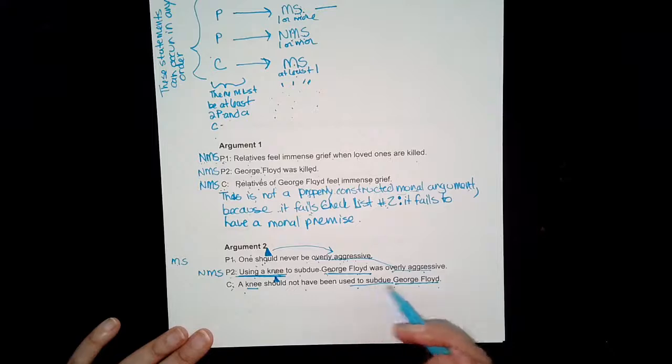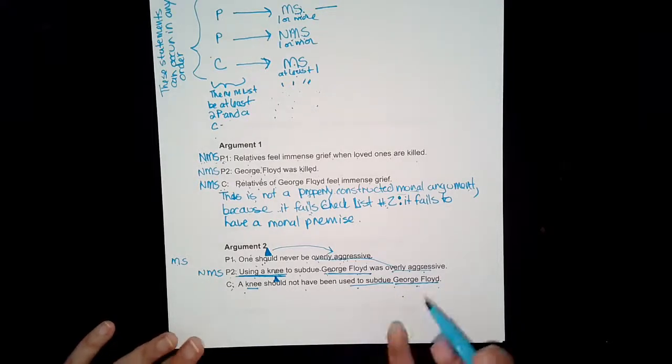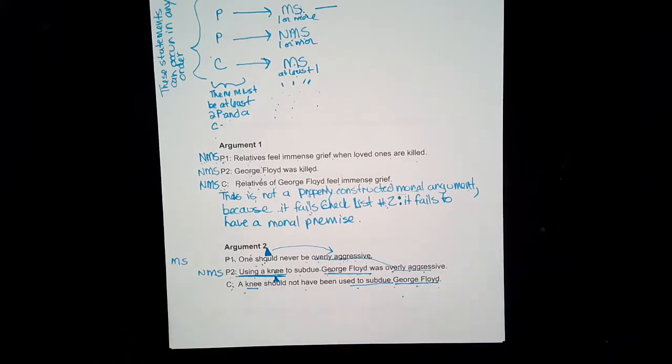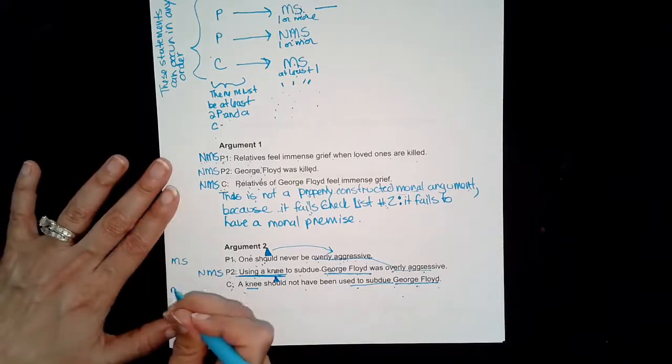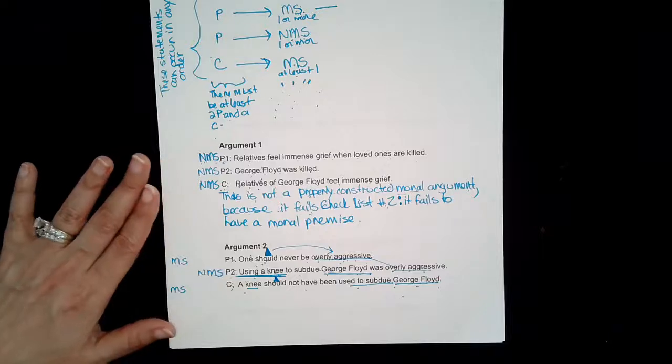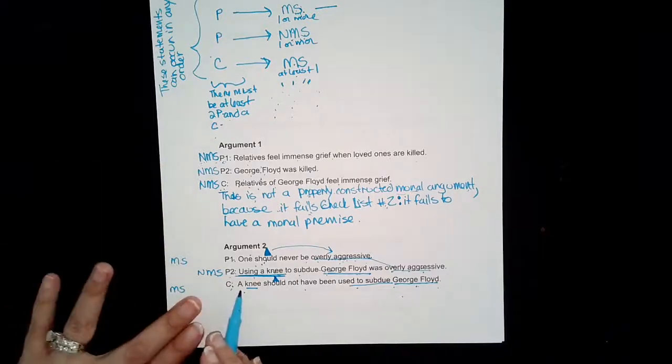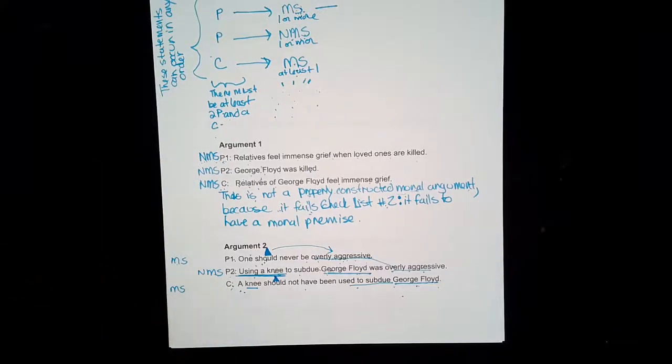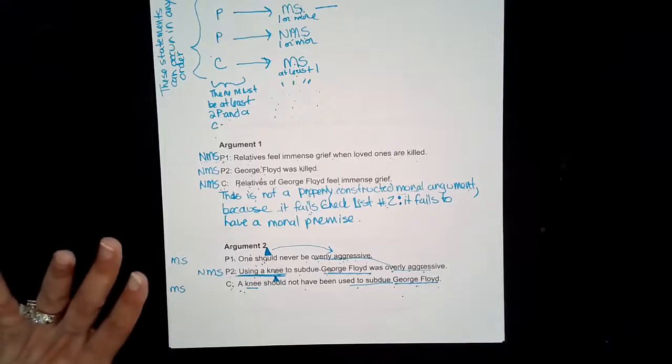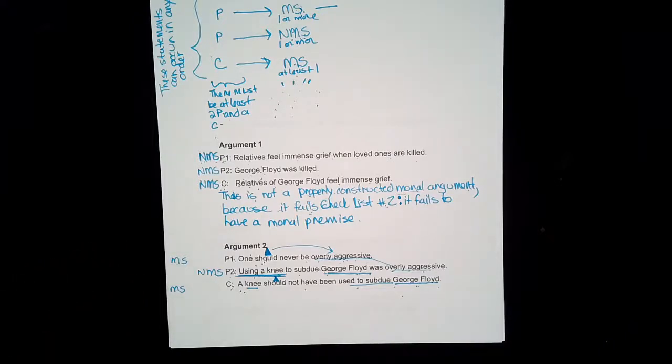That actually happened. In this case, it's in the past, so we're making a moral judgment about something that happened in the past. This is definitely a moral statement. Okay, so this passes checklist number 2. So far, we are en route to declaring this a properly constructed moral argument.